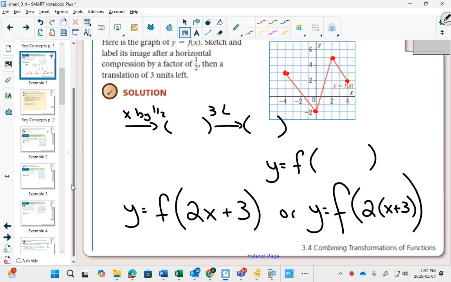One of them has an extra set of brackets, right? Because if I distribute this 2, I would get 2x plus 6. And this one is 2x plus 3. One of them is right, one of them is wrong. The one you probably want to be right is wrong. The x's are tricky, right? That one I'd like to be right, but it's wrong.